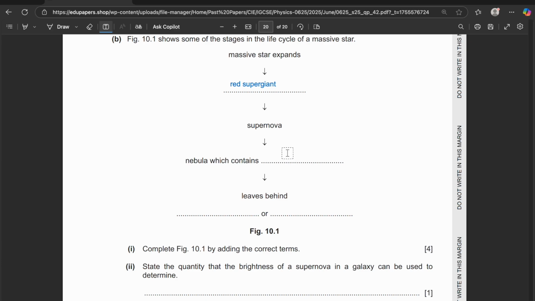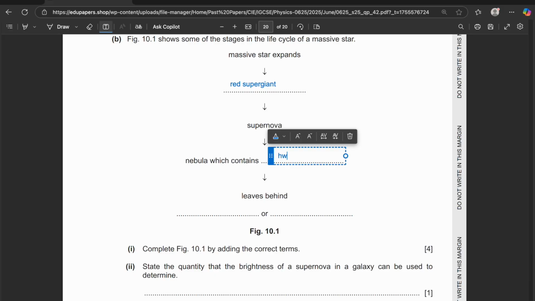Then nebula. After the supernova it will leave behind a nebula. It's like a cloud of elements, elements made by the massive star. So it will contain very heavy elements.